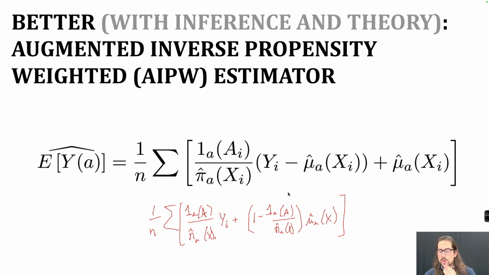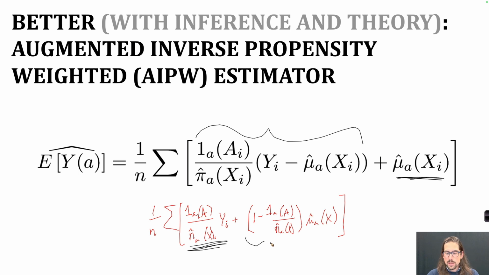What I'm trying to show you is that this top estimator, if you just look at this part, is the plugin regression estimator. But I've added this other part, a propensity score weighted term with the residual of the regression model. So this is like an augmented regression estimator. Down here, if you just look at this part, this is the propensity score weighted estimator.